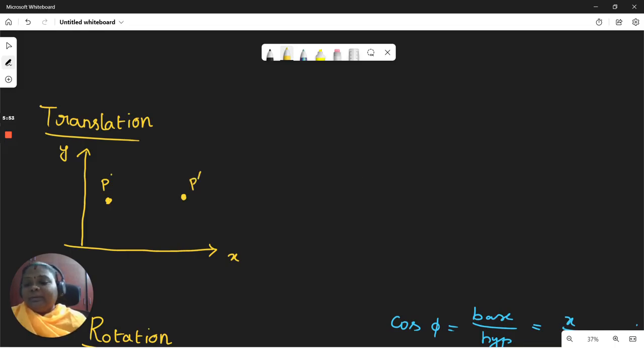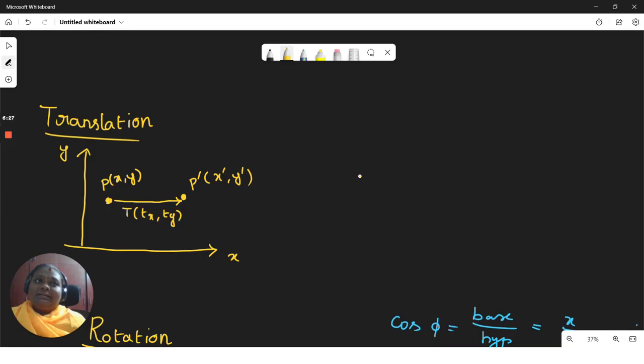The old position I'm considering as x comma y, and the new position as x dash comma y dash. This is the transformation distance, or I can say the translation distance t, which can be given as tx comma ty. So the point is going to move from this place x comma y to the new place x dash comma y dash in the linear position with the translation factors tx and ty.